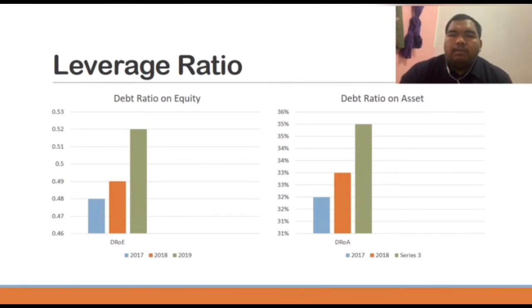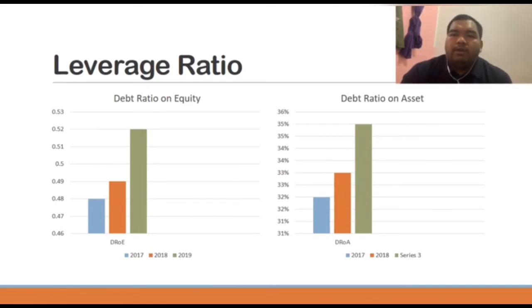This may be due to an inconsistent increase in total liability. This shows that the creditor provides less than the owner in 2017 and 2018, while in 2019 the creditor provides more compared to the owner, and the creditor's position is less risky.